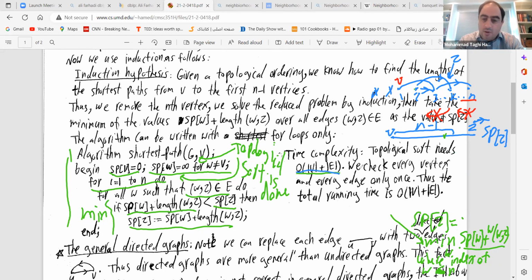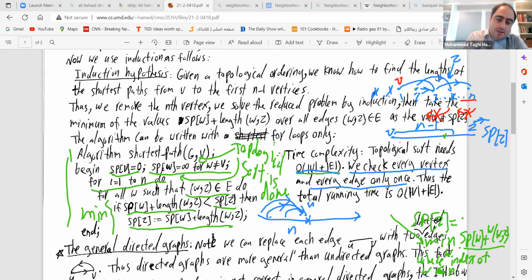Now here is this algorithm. We check every vertex and every edge only once. Why? Because we are just going through this order, so we are going through all vertices, and for each of them, we only check all the edges that are coming to this vertex. Over them, we take the minimum.